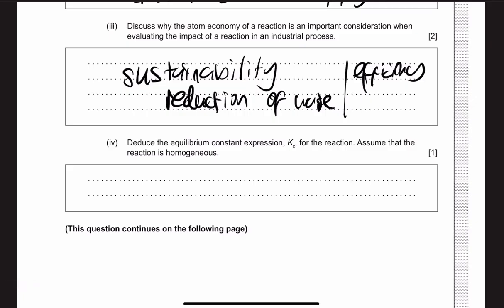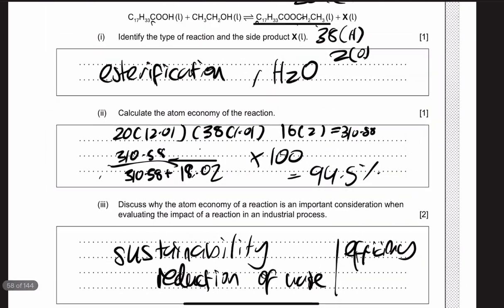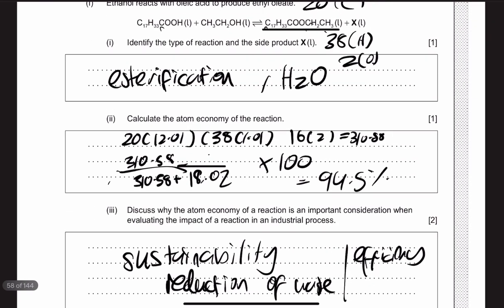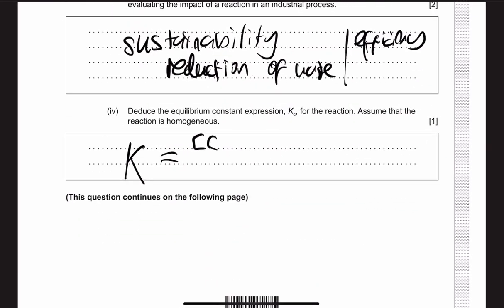Deduce the equilibrium constant expression Kc of the reaction. Assume the reaction is homogeneous. So we have our Kc, and we put the products on the top, so it's this long C17 thing, and we have water.